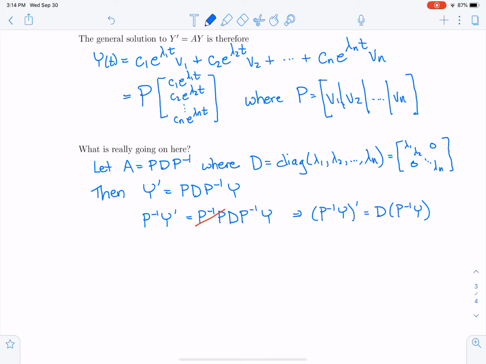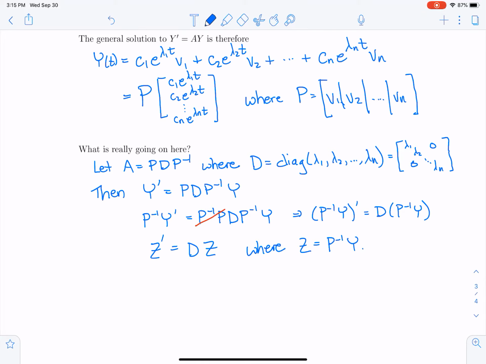I'm going to put parentheses around that. Oh, well, that means that I could think of this as being the system Z prime is equal to D times Z, where Z is equal to P inverse times y.